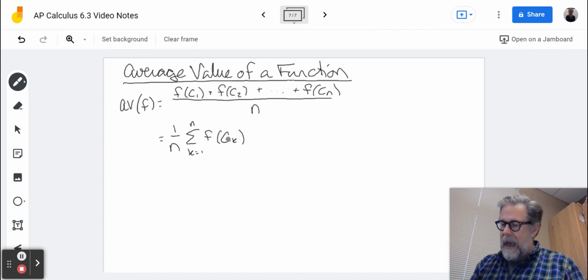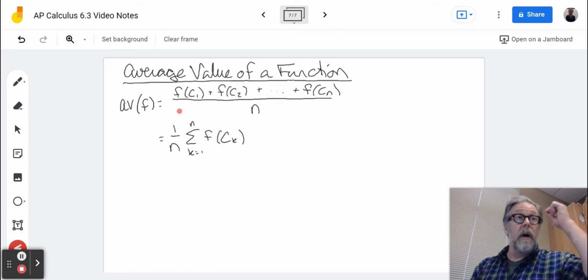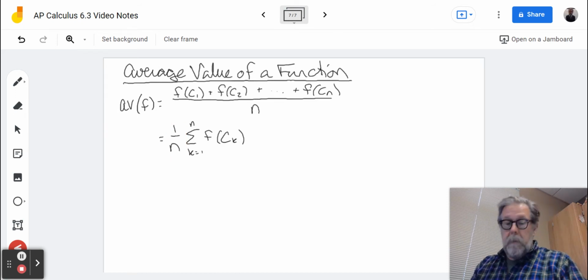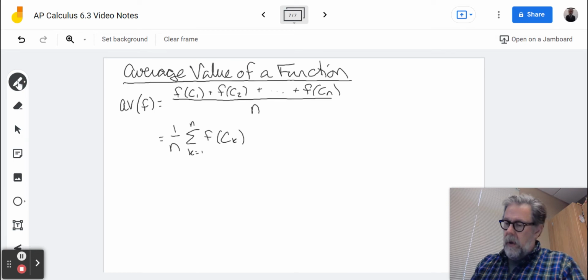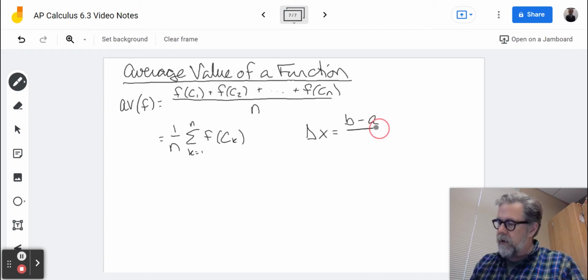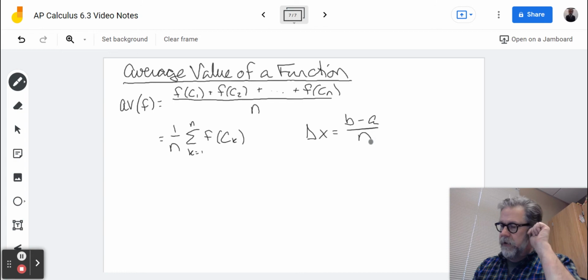So now we've added up all of our values right there and divided by the number of rectangles. But what we also know, and this is where we can get a little bit tricky, is that the width of each rectangle is the full length of our interval divided by the number of rectangles.